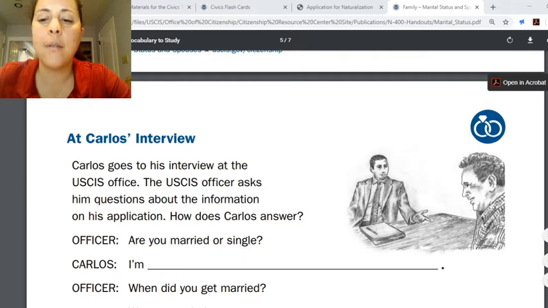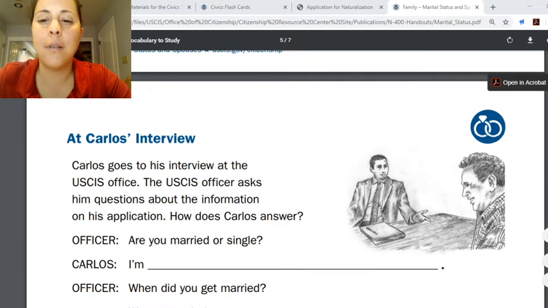The USCIS officer asks him questions about the information on his application. Listen, when you fill out the N400 application, the officer will ask you questions from the information on the application. Okay? How does Carlos answer? Let's practice.